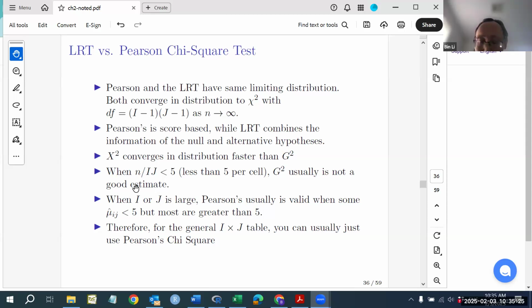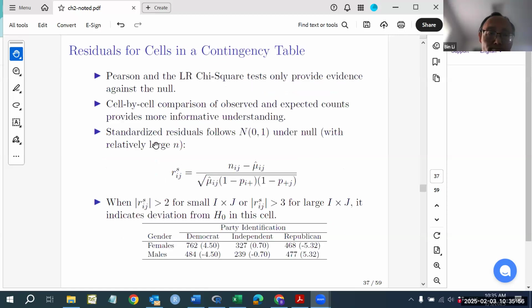For Pearson's chi-square test, it is usually still valid even though the average count is no greater than 5. So if the sample size is small, use Pearson's chi-square instead.